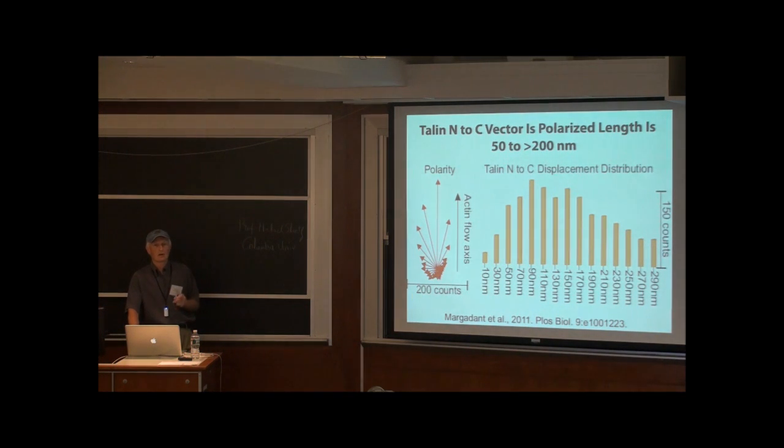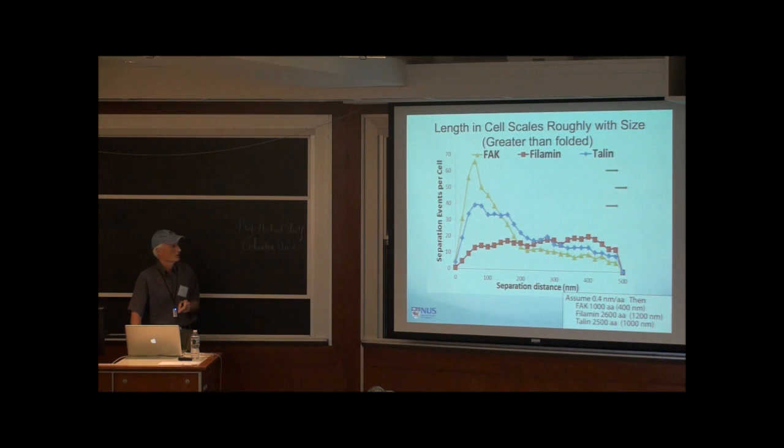Okay. The most interesting aspect of this comes from the dynamics, which is next. As an aside here, if we look at other molecules like focal adhesion kinase or filamin, again labeled in the same way, we find different length histograms.